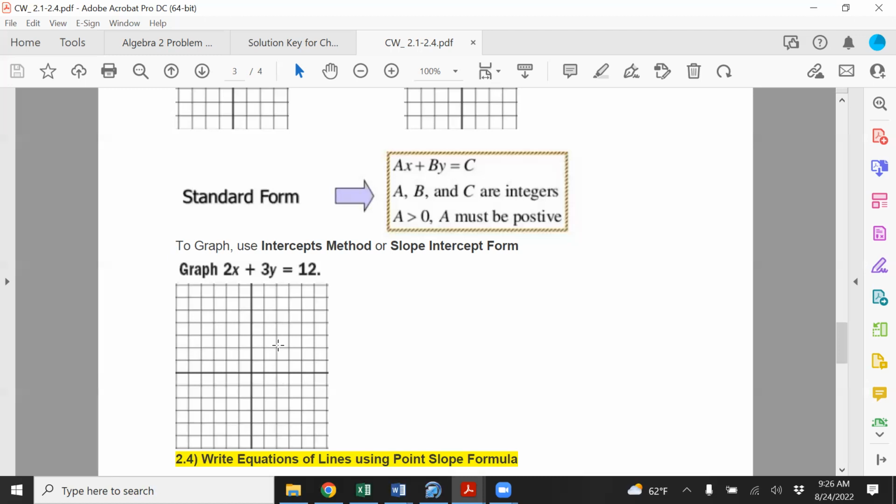So again, just to be consistent, when you graph lines, try to get them in slope-intercept form. It's much easier. You have y isolated. It's a really nice, neat equation. You have y on one side. You have all the other junk on the other side. The other junk, we can interpret as the slope, negative 2/3. 4 is the y-intercept. 4 is where we touch the y-axis. Negative 2/3 is how I rise and run. If it's negative, I gotta go down instead of up, right? Gotta go down 2, right 3.